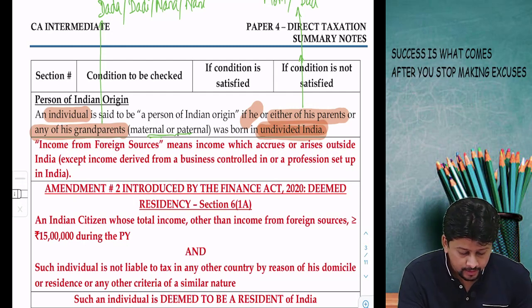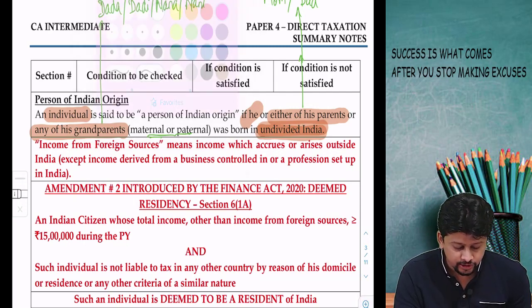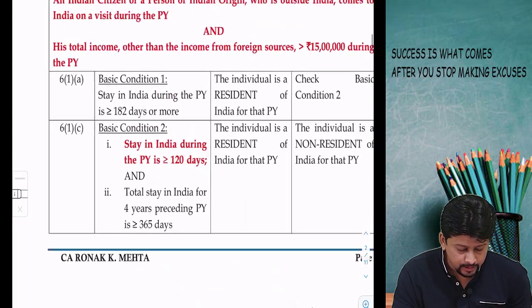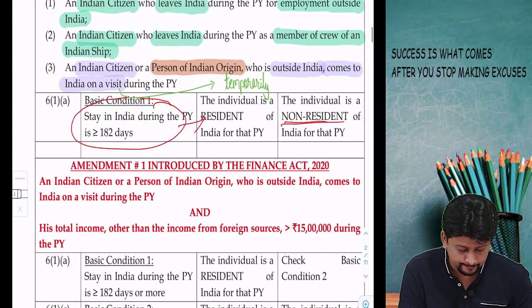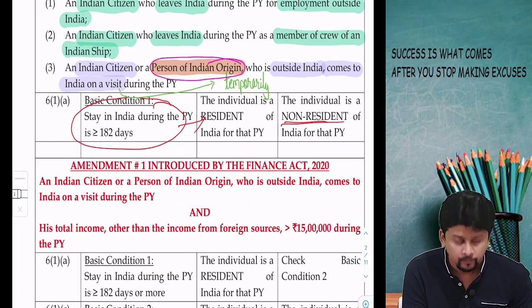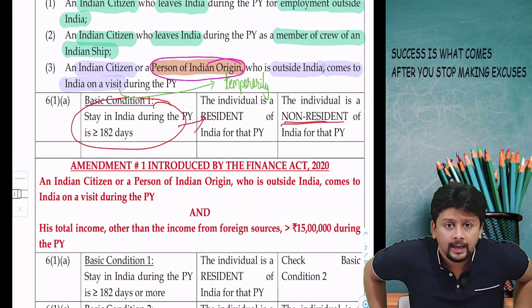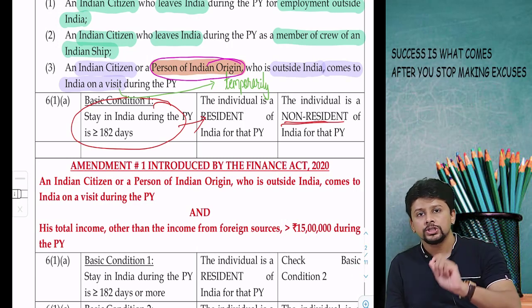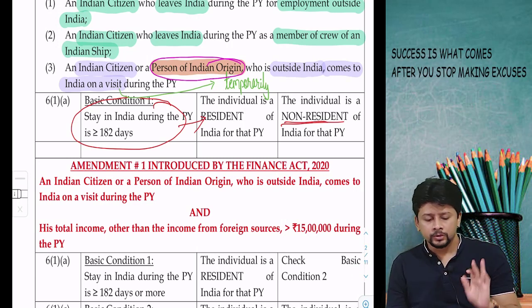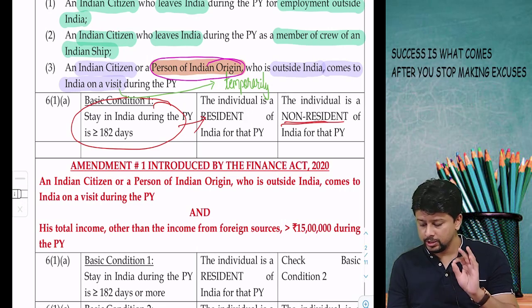And you have to understand the definition like this, that somebody who is a person of Indian origin, is abroad and is coming into India for a visit during the year, then basic condition 2 does not apply. All that you have to check is basic condition number 1.